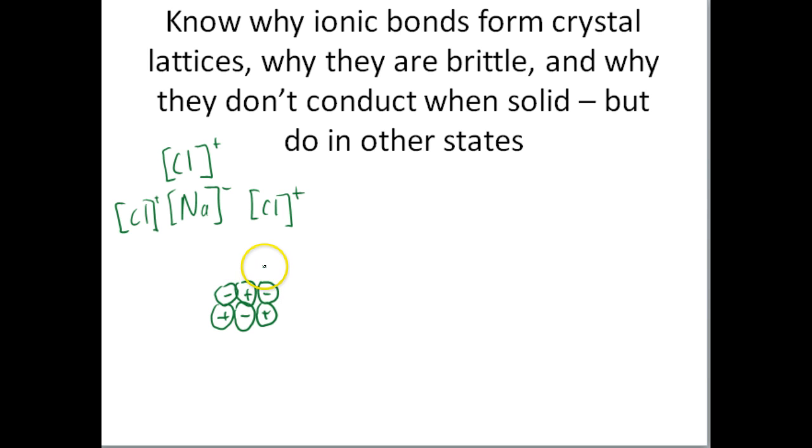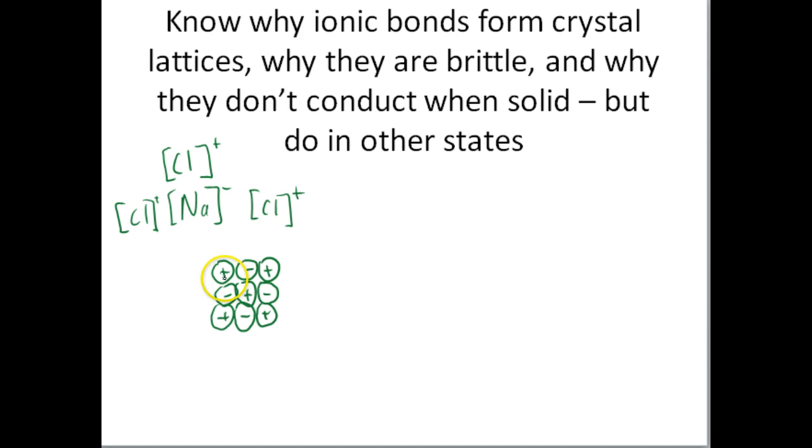This is why we say it's an ionic compound: it's not a single unit. It's a big clump of ions that have formed together and formed a crystal. When it's in this crystal, these ions are locked tight in place. They can't move very easily. So this is why they don't conduct electricity, because you might expect that if you put a positive charge over here, you could repel some of these positive charges, but they are locked tight.